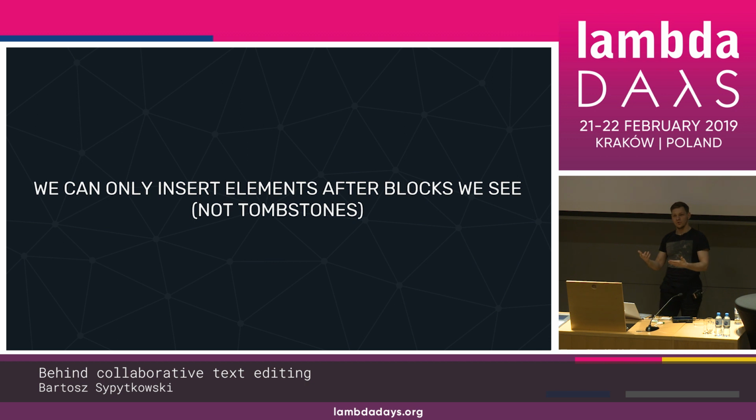So once we are actually able to tell that every peer editing this document has seen that tombstone, then we will be able to prune it, because it won't be referenced any longer by anyone, basically. And this is something that we can use in our implementation.